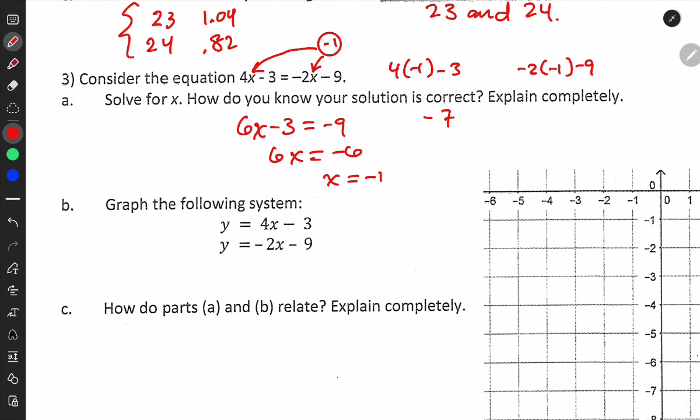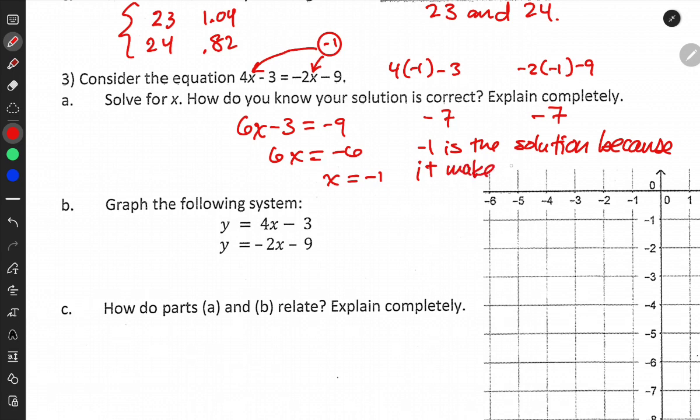The right-hand side is going to be positive 2 minus 9, which is negative 7, right? Positive 2 minus 9 is negative 7. So the reason why this is a solution, negative 1 is the solution, because it makes both sides equal, right?